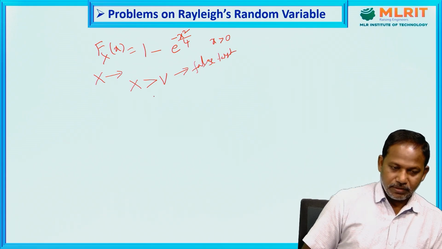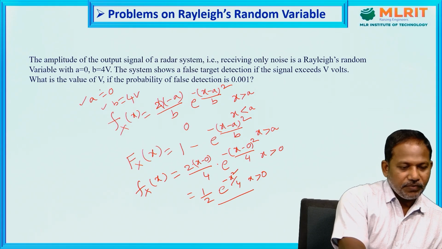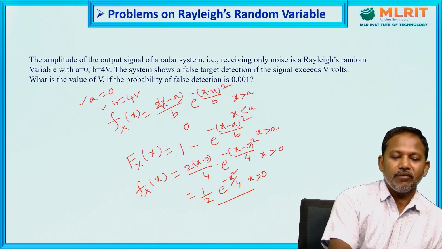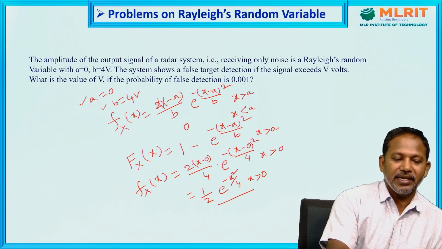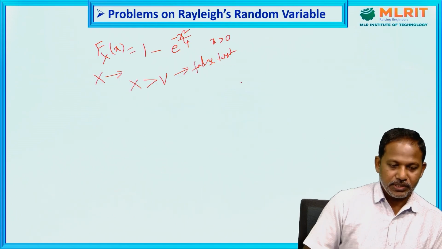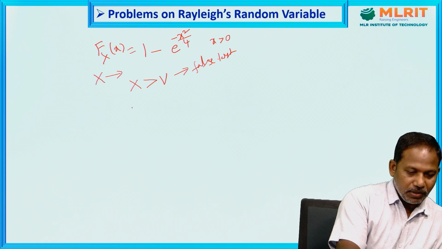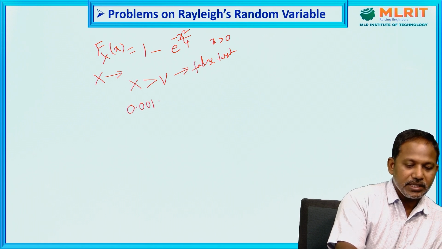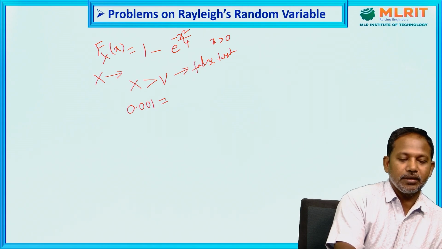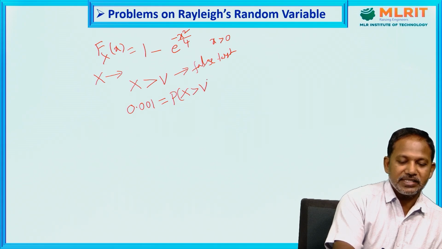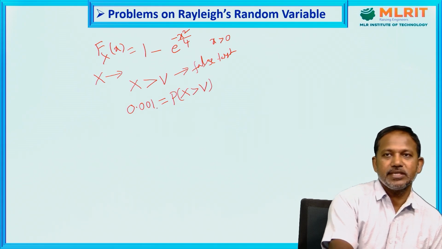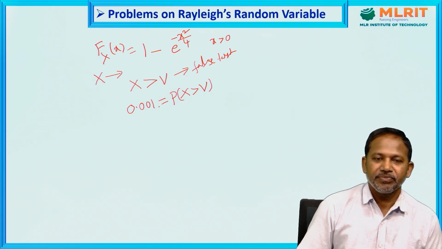If the probability of false target detection is 0.001, then what is the V value? We need to find V such that P of x greater than V is equal to 0.001.